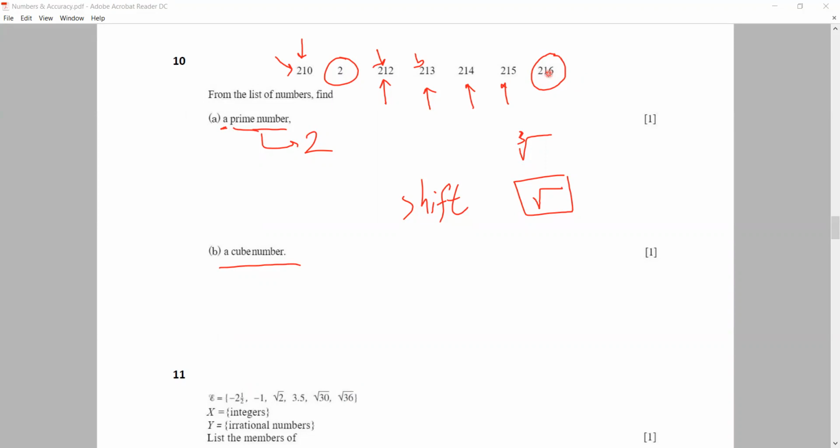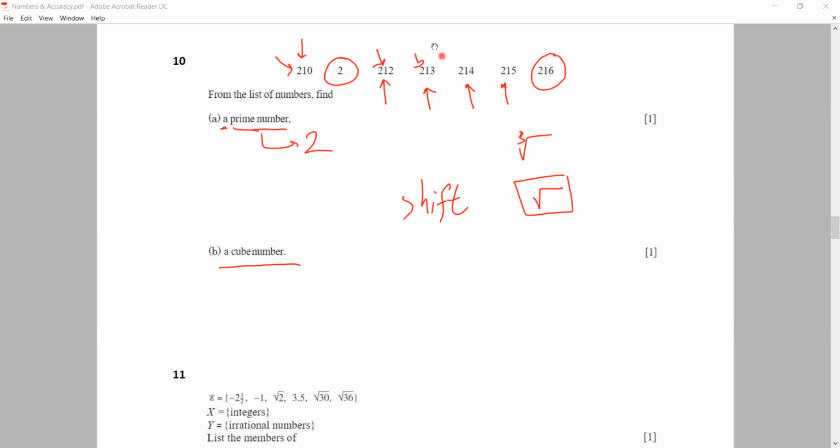So if I do it for 216, I should get 6, right? Okay, 216, it is 6. However, let's do it for 214, for example, and I get 5.9814, and it keeps going, right?